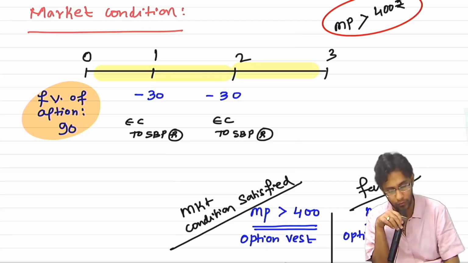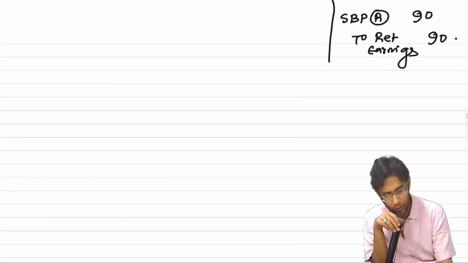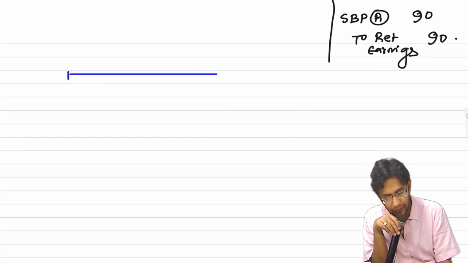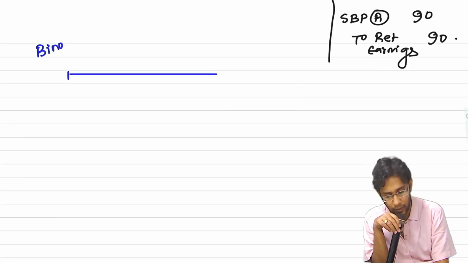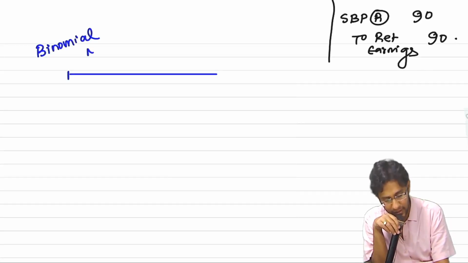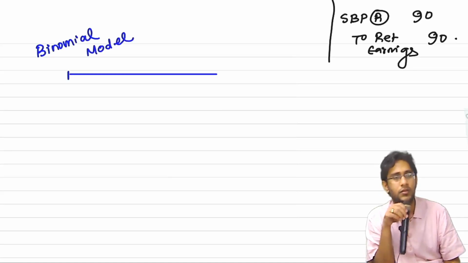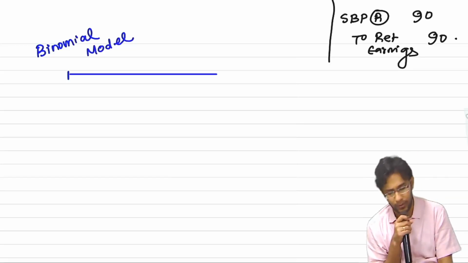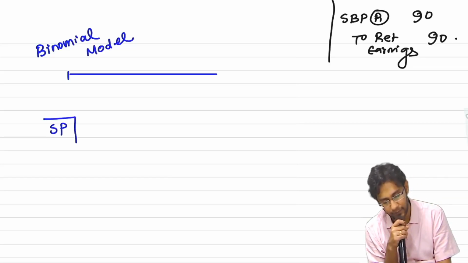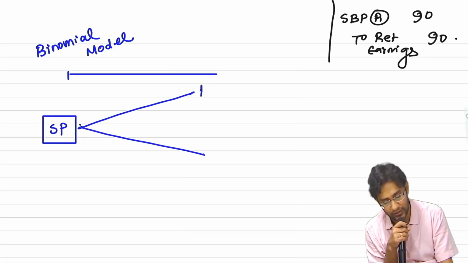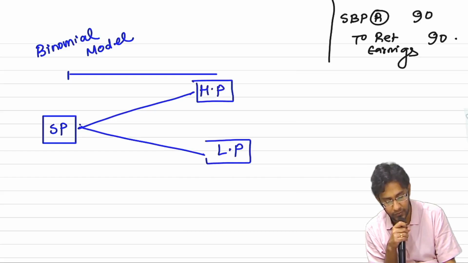Now, quickly I will go to AFM and come back. In AFM, there is something called the binomial model. Any model can be discussed, but here it is easy for me to explain. The binomial model believes that the spot price of the share can take two prices, one high price and one low price.